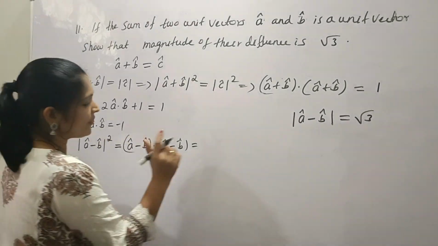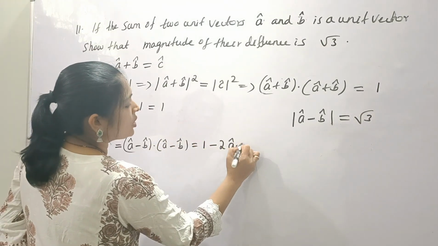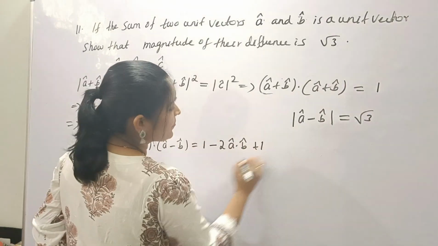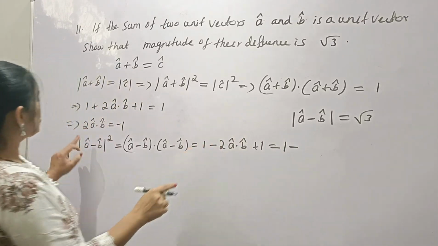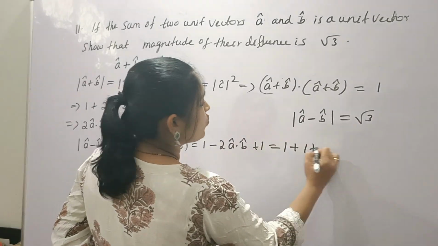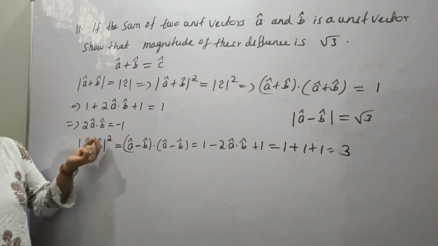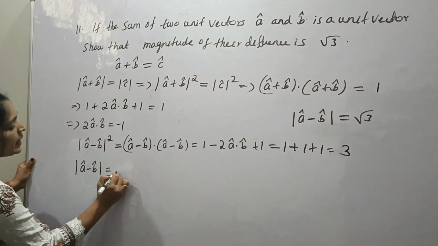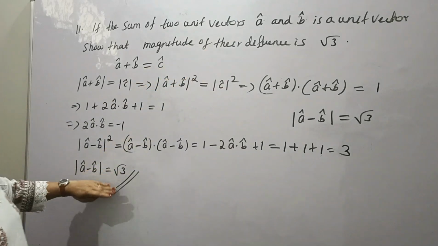A dot A, that is 1, since it is a unit vector, minus 2 into A dot B, okay, plus B dot B, that is also 1. That is equal to 1 minus, here what is 2 into A dot B, that is minus 1, right? So minus of minus 1 plus 1, that is equal to 3. See here, we have got modulus of A cap minus B cap whole square is equal to 3. Then what is modulus of A cap minus B cap? That is root 3. Right? Therefore, magnitude of their difference is root 3.